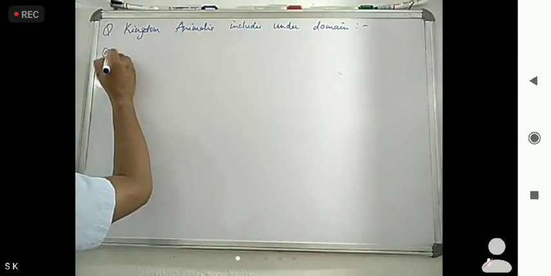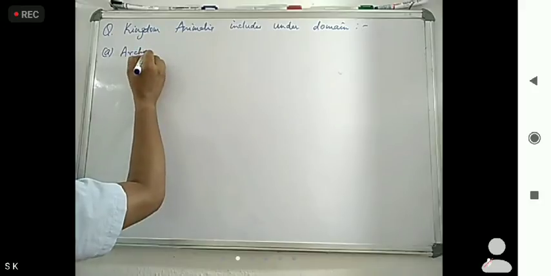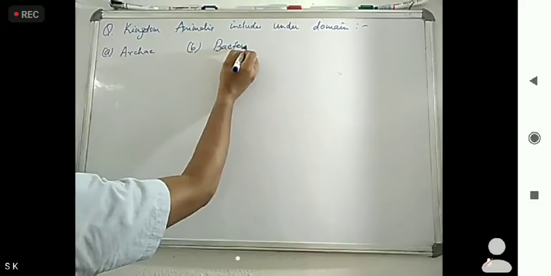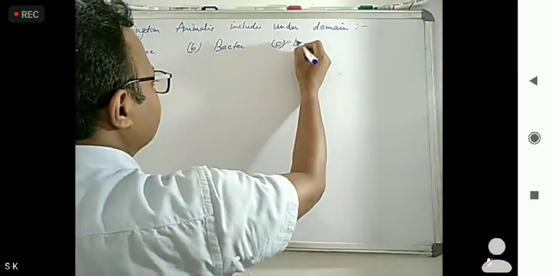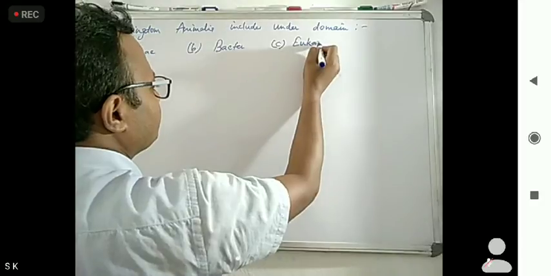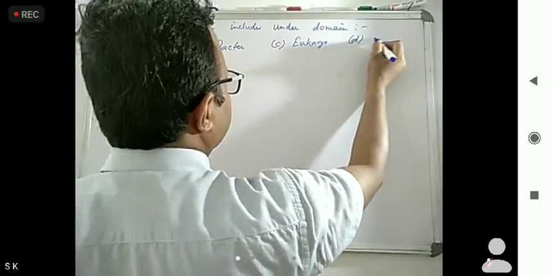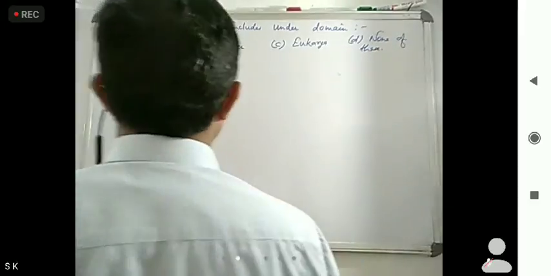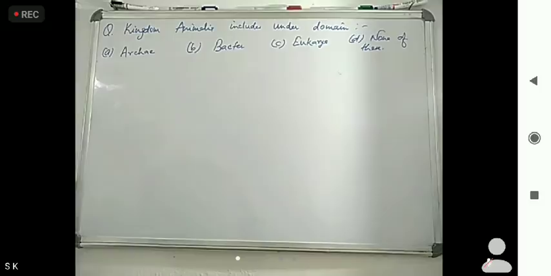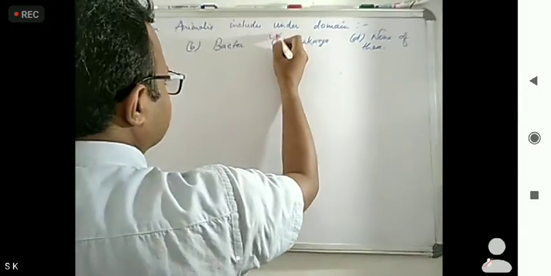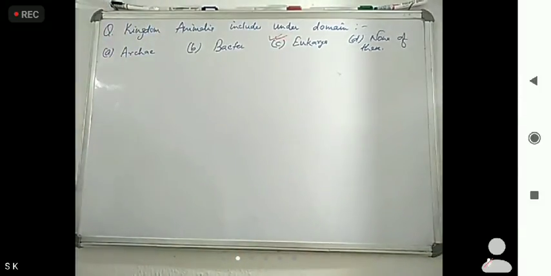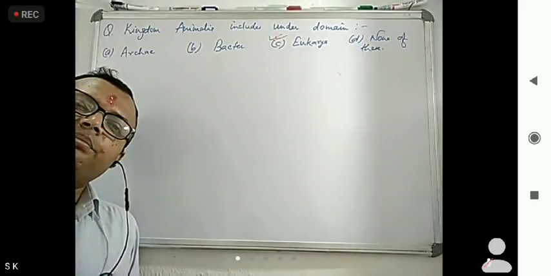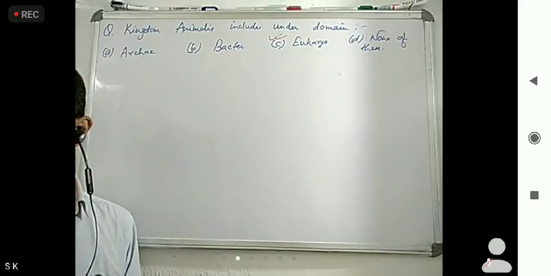First is Archaea. Next is Bacteria. And next is Eukarya. And next is none of these. So kingdom Animalia belongs to what? Eukaryotes, means it is coming under Eukarya.